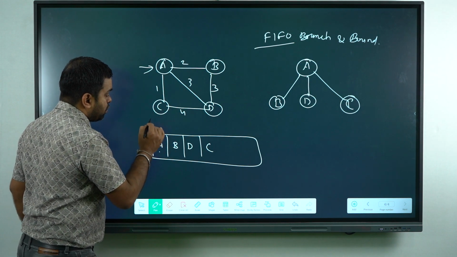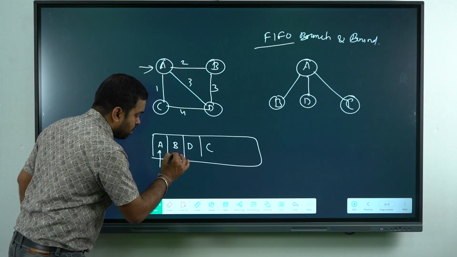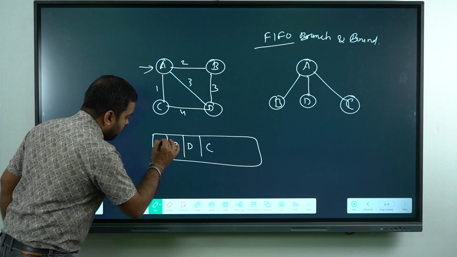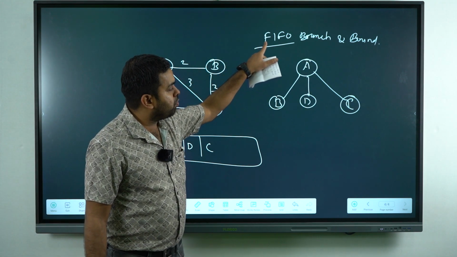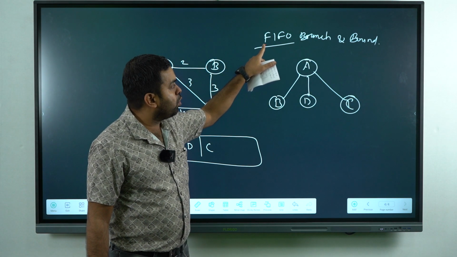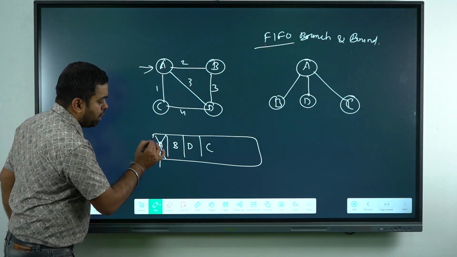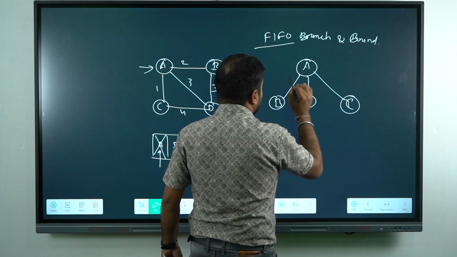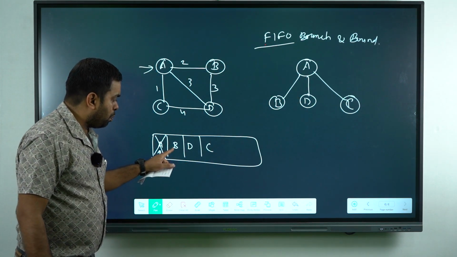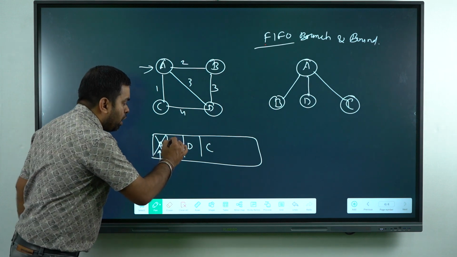As we selected A and went for B, C, D, A is deleted from here because it is the first input, which the algorithm told: first in first out. So A is deleted. Now the next node is B. As we are using a queue, only B we have to select.